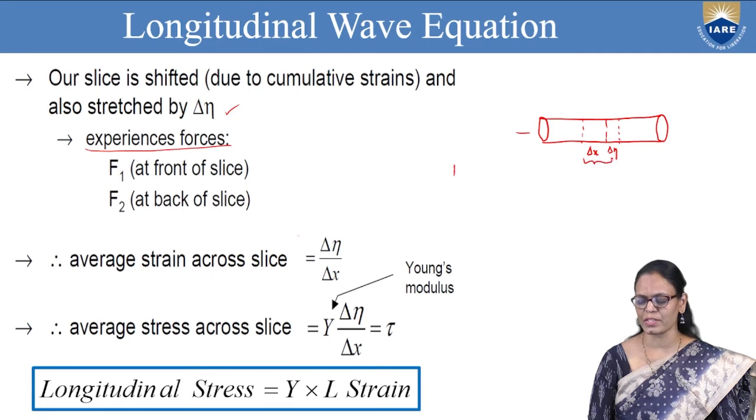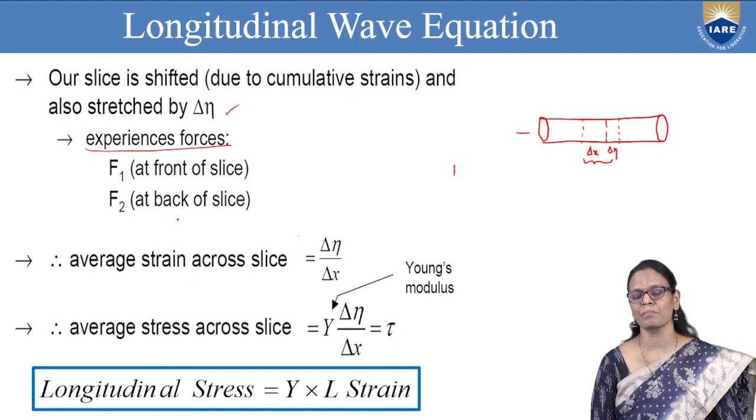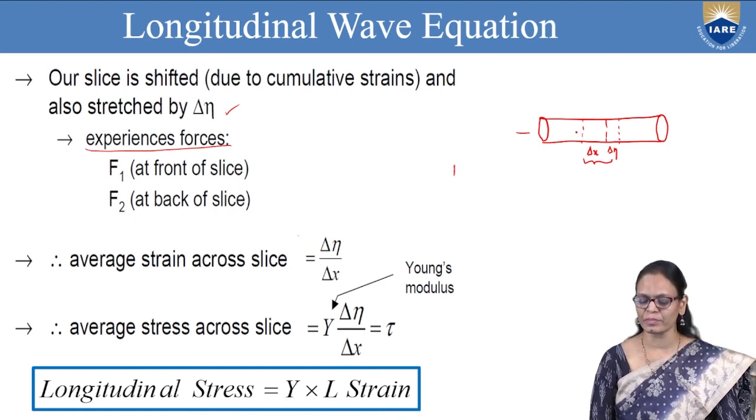So now what we are considering here is delta x plus delta n. Because of this, there are forces F1 at the front of the slice and F2 at the back of the slice. I'm considering only the slice delta x.